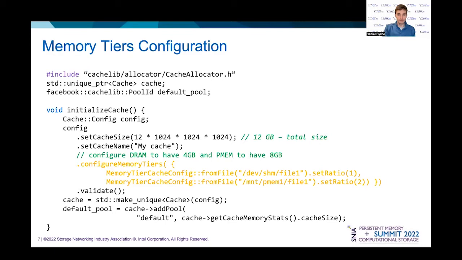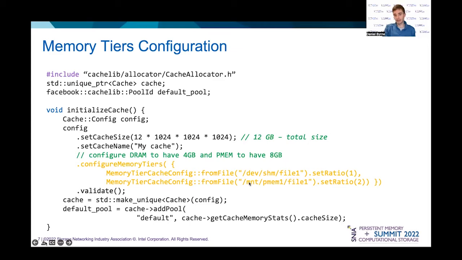Okay. Our configuration API, so to enable CacheLib, we just initialize the cache, and with this configuration, we've added configure memory tiers. We can configure memory tiers from file. So if we pass in some shared memory, or we could pass in our pmem file.